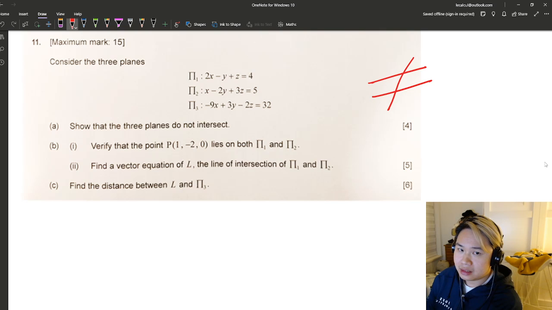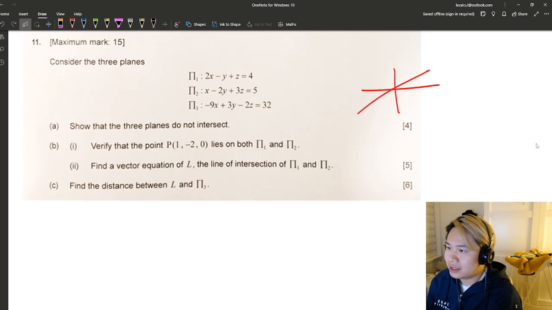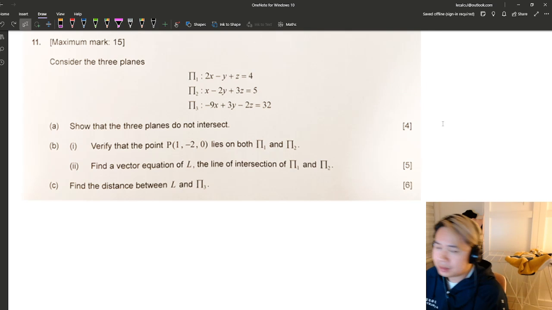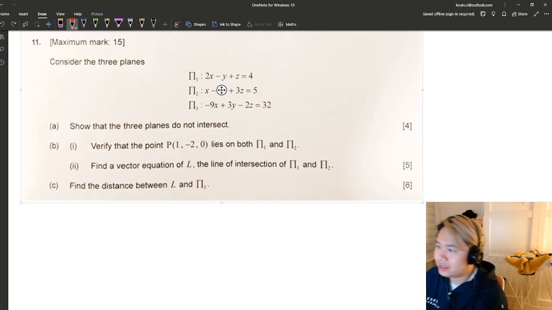I'm assuming when they say do not intersect, that means all three planes don't intersect all together at once. So that's pretty easy to show. Basically, you need to make sure that there is no coordinate x, y, z that satisfies all three of these at once. So you're essentially just solving a system.